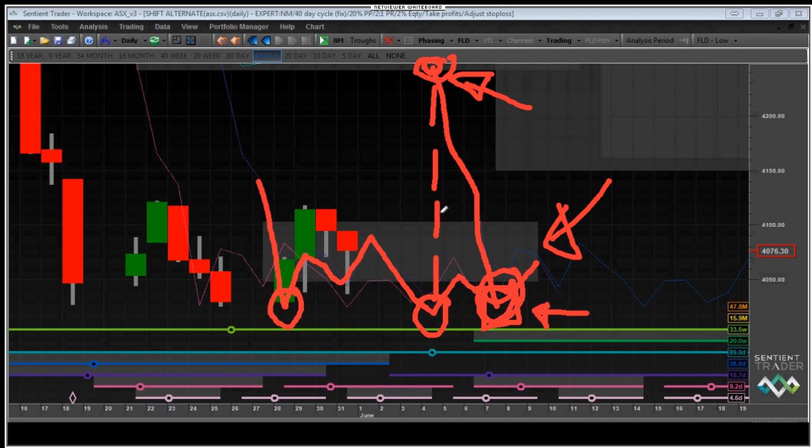If on the 4th of June price gets above the 4,200 level and touches the 40-day cycle FLD over here, which is not impossible, I've got to say I think it's unlikely, but it's not impossible. If price does do that, then this little tip will help you to very accurately position the 20-day cycle trough. If, however, that doesn't happen, then we would expect price on the 7th to touch this level, below the 4,050 level.